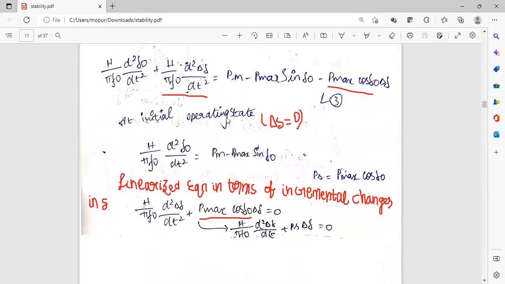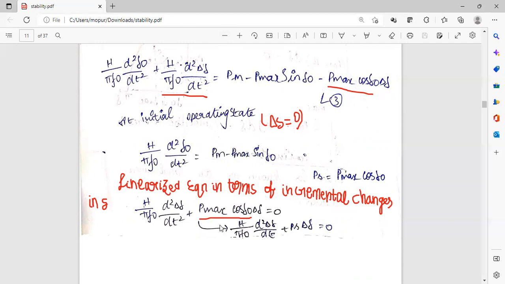Now, at the initial operating state, that is delta del is equal to 0, I will get H by pi f naught d square del naught by dt square is equal to Pm minus Pmax sin del naught. Then the linearized equation in terms of incremental change in del, that is the additional terms added, is H by pi f naught d square delta del by dt square. This minus, I am taking this side, so I will get plus Pmax cos del naught delta del.